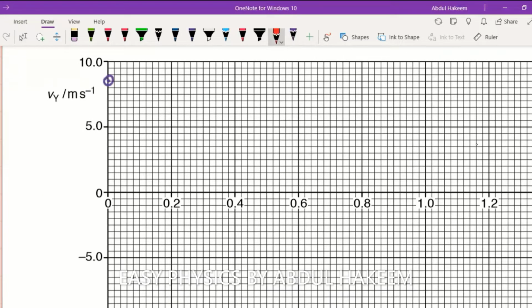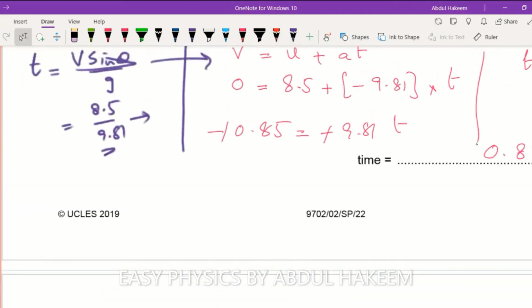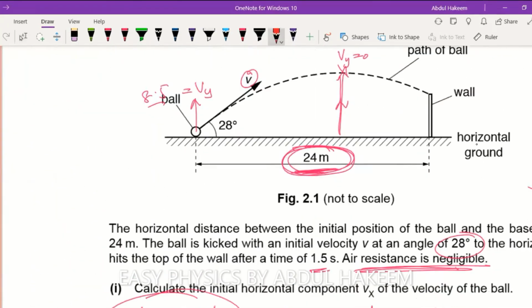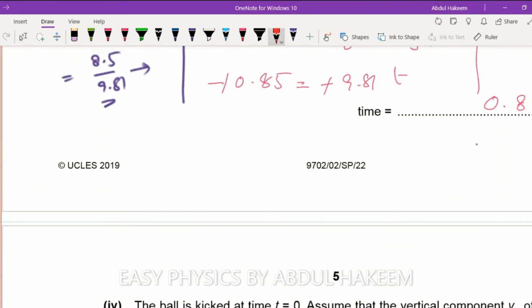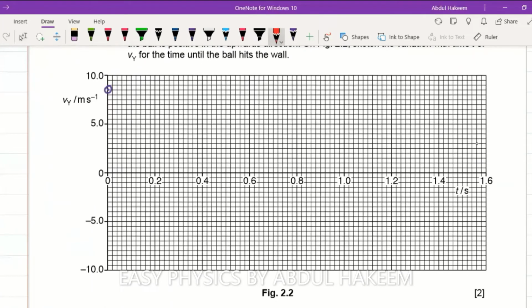And then after 0.87 seconds, it becomes 0. At the top, the vertical velocity becomes 0. So approximately, this is the point at which the velocity becomes 0.